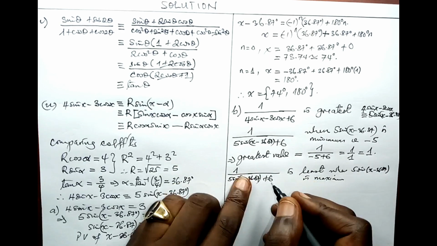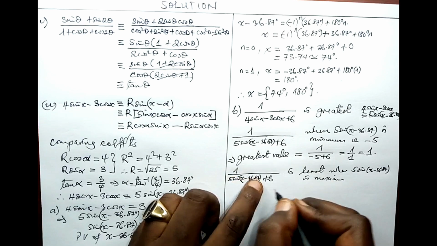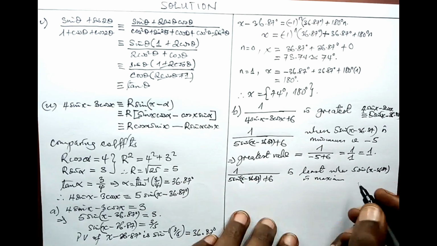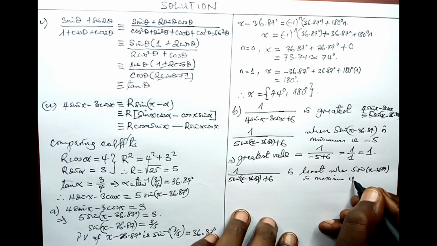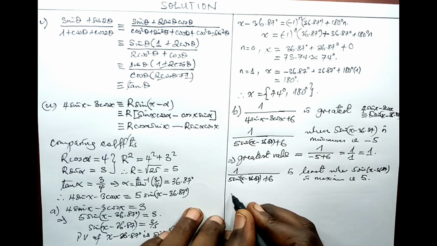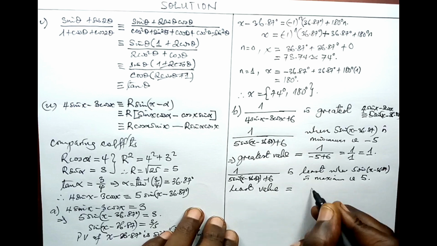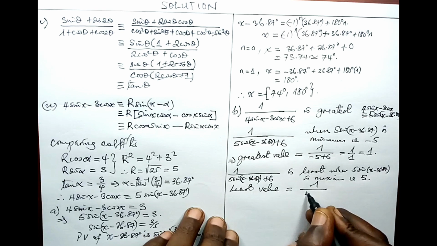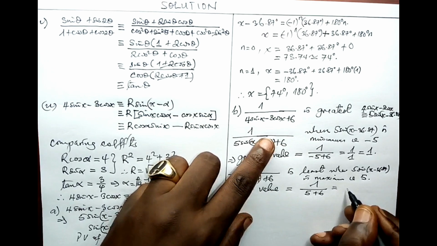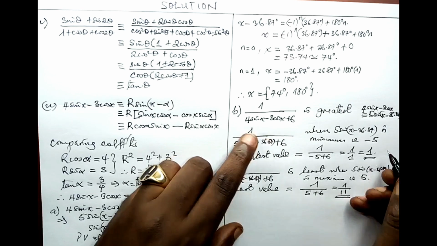When this part is maximum, the denominator will be large, and dividing 1 over that will give you the least value of the expression. So that is the argument. The maximum here is r, which is 5 in this case. So the least value would be 1 all over the maximum value of this varying part, plus 6, which gives you 1 all over 11. So this is the least value and this is the maximum value.